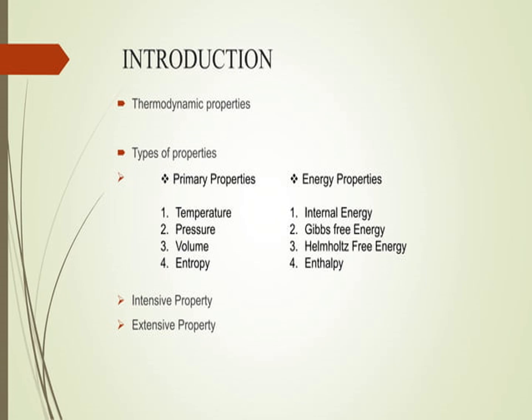In primary property, the properties are the ones that are used to define the state of the system, and they are absolute values, as against energy properties, which are measured relative to some arbitrary reference state.